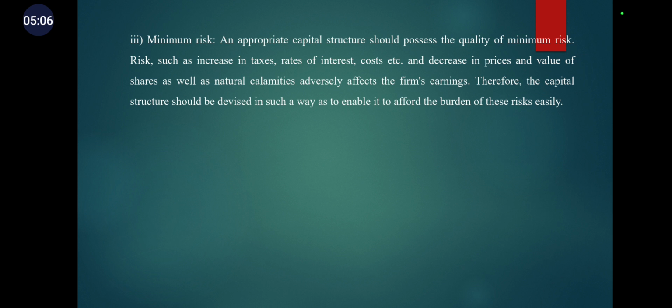But we can't say that there is no risk at all, 0% risk. It won't be. So the risk should be at minimum when you are determining your best optimum capital structure.